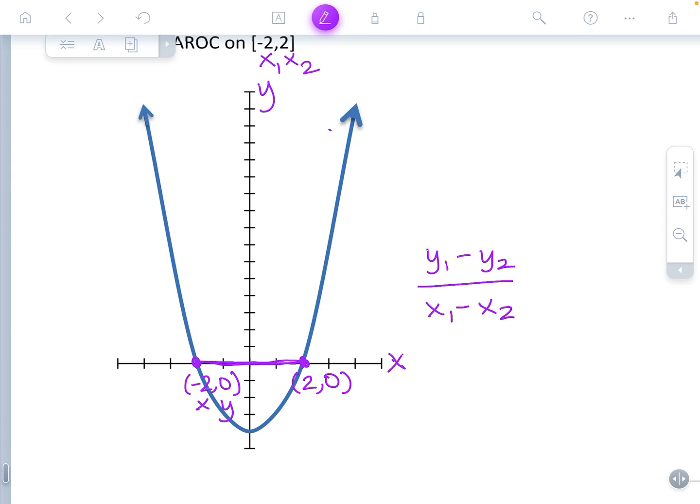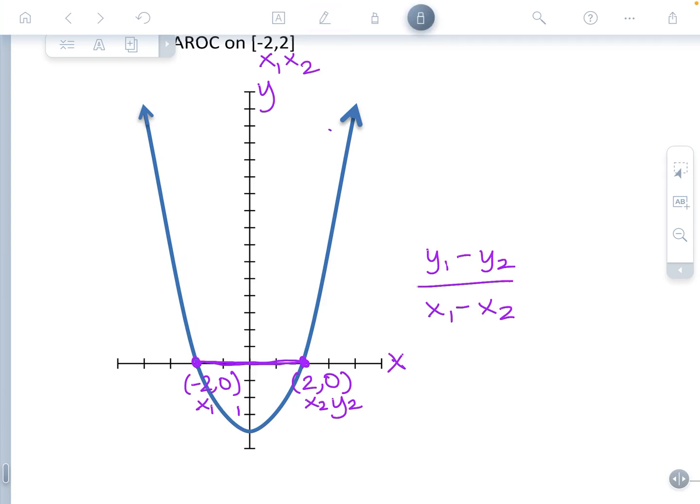What a lot of people mess up on this one is they mix up, they'll put their y's first and then they'll swap which x is first. So that's why I always label first before I do it. So you always want the coordinates of your point to match. They're both going to be 1s or they're both going to be 2s.